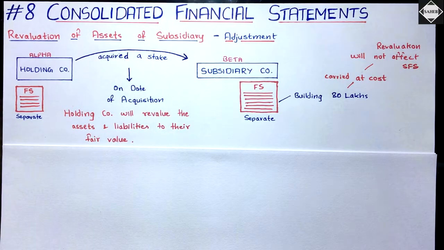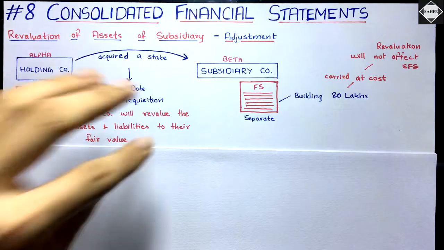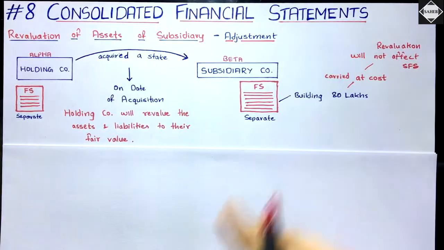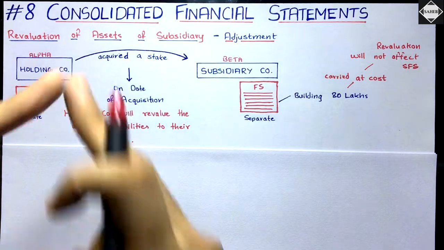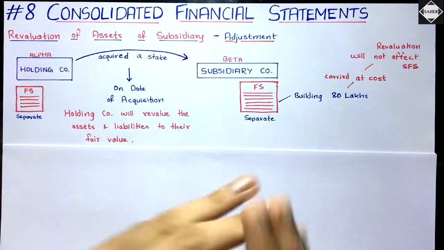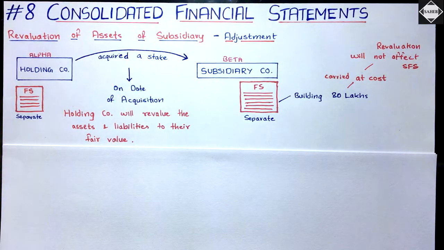They will not change in the separate financial statement, because this revaluation is done only for the purpose of consolidation. So it will only affect the consolidated financial statement. The holding company's assets and liabilities are irrelevant in this adjustment.